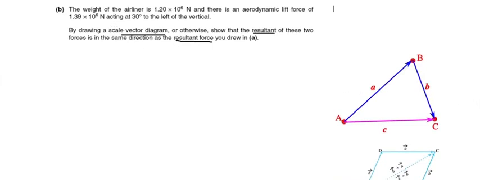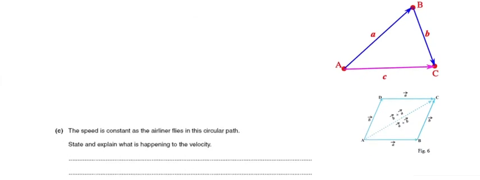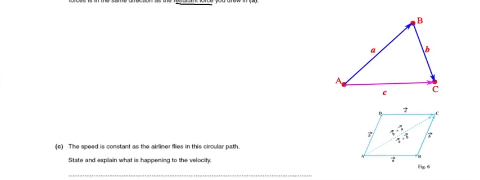But before that, we need to know how we can identify or show the resultant force in terms of the vector diagram. So for that, we can use either the triangle law or the parallelogram law.